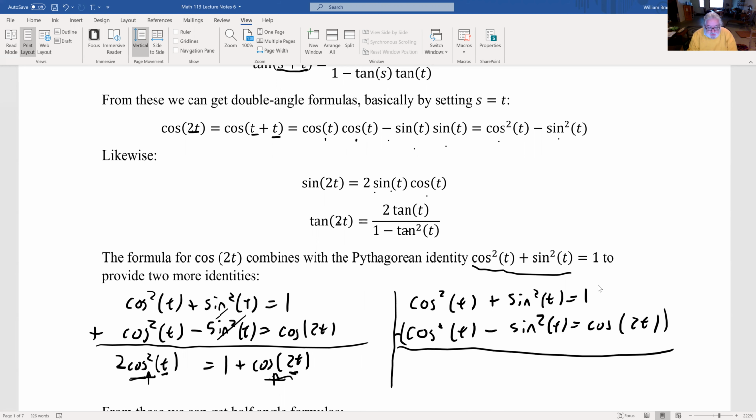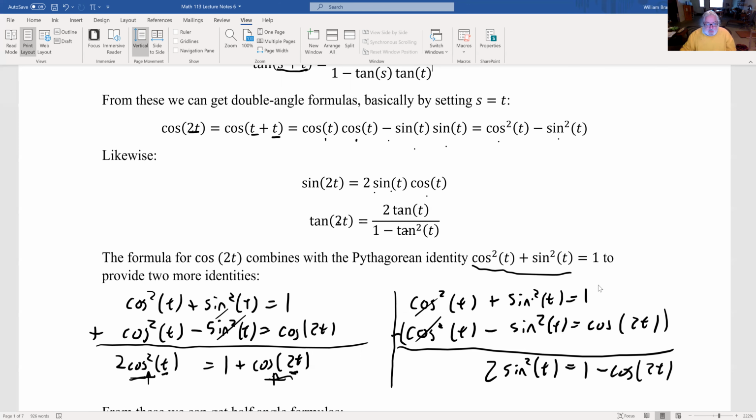Cosine squared minus cosine squared is 0, so these two basically cancel out. Sine squared minus sine squared is actually sine squared plus sine squared, so 2 sine squared of t. Then when we subtract, we get 1 minus cosine 2t.